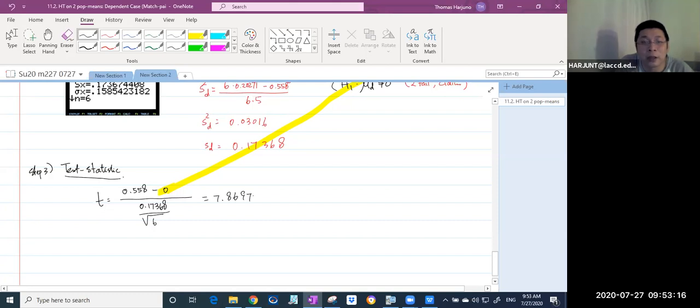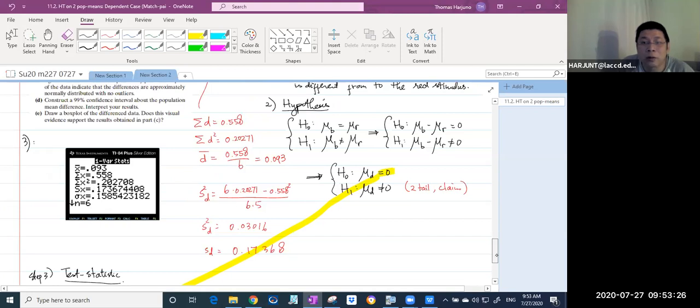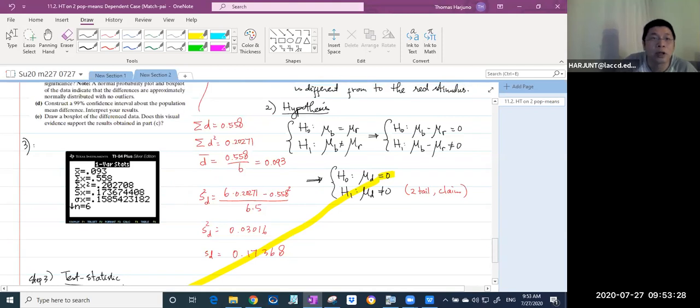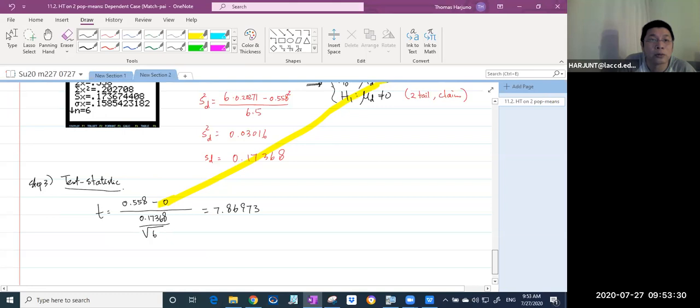Let me see. D bar or sum of D. D bar here. Sorry, so this is not correct. No wonder my number is so big here. This looks so wrong.